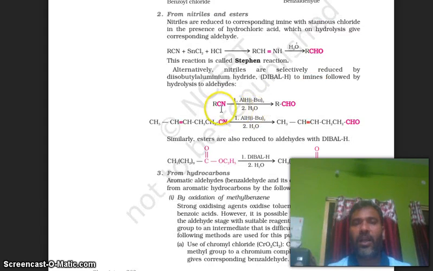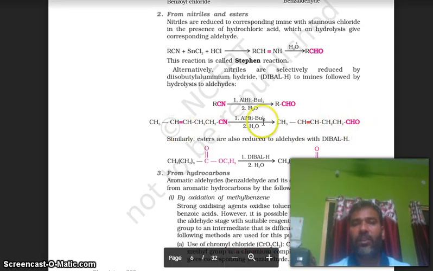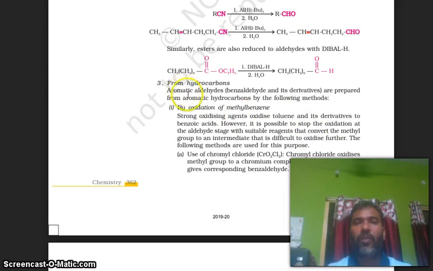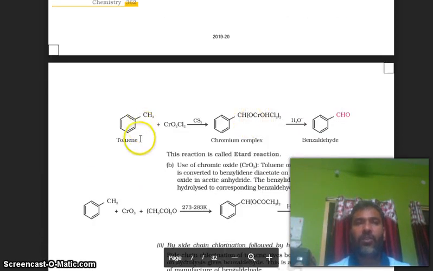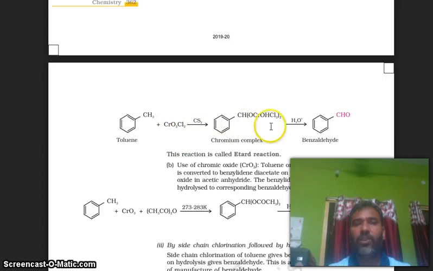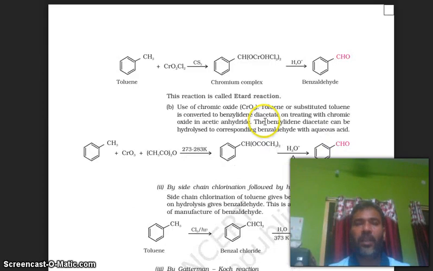You see the RCN undergoes reduction, it gives the aldehyde, and this is also CN converted into alkene and CHO. Alkene is already there. From hydrocarbons, oxidation of methylbenzenes: you see this is toluene, it undergoes oxidation forming this chromium complex, and then this is benzaldehyde.